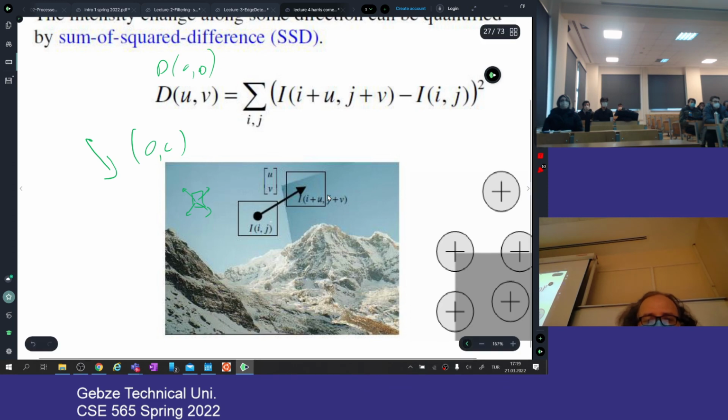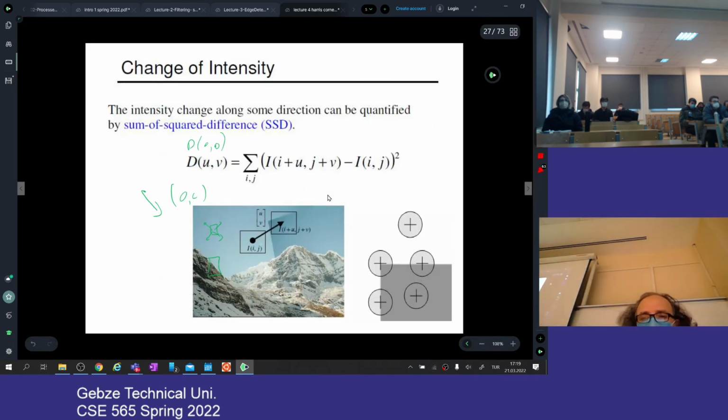But for this region, some of them will be 0 and some of them are not 0 at all. So I am trying to find window positions for which this function will behave widely for (u, v) values different from (0, 0). That's what I am trying to find.